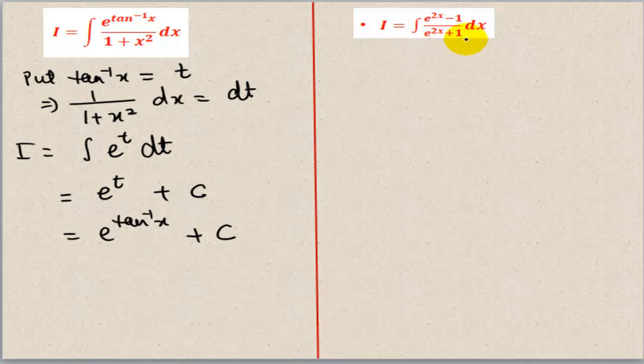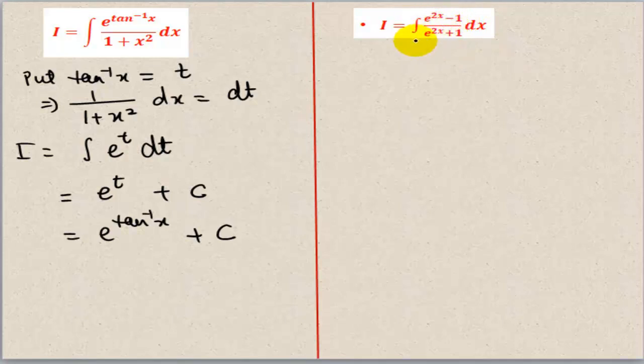If you see carefully in this form, you will not be able to make out how to make the substitution. Before making the substitution, we need to make some necessary changes in this expression. Neither numerator is derivative of denominator nor the denominator is derivative of numerator if you see as such. If I say denominator is taken t, then in its derivative I will not get entire numerator as its derivative.